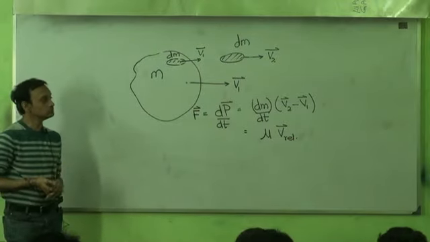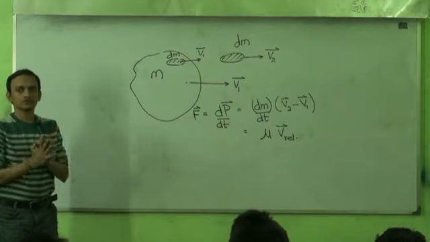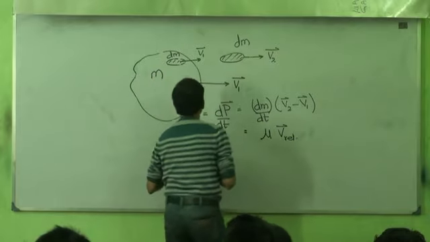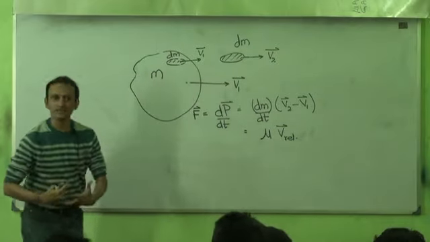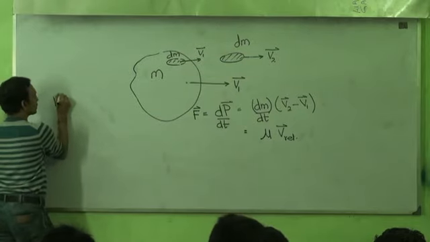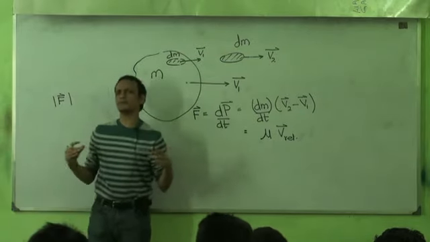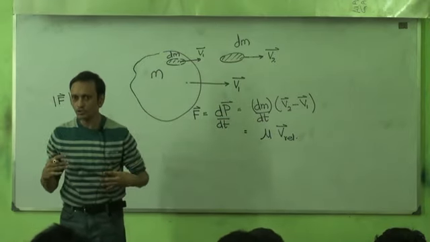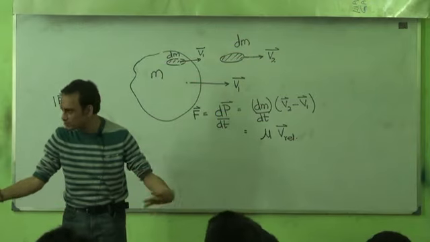Now, the magnitude of the force F, that's going to be the magnitude of the thrust acting on the system. That's going to be the magnitude of the thrust acting on the system also, right?